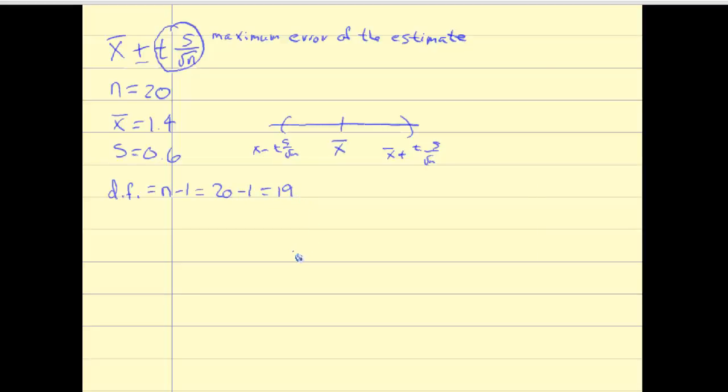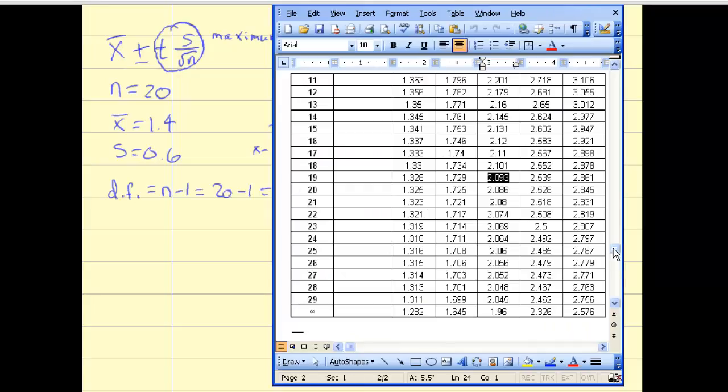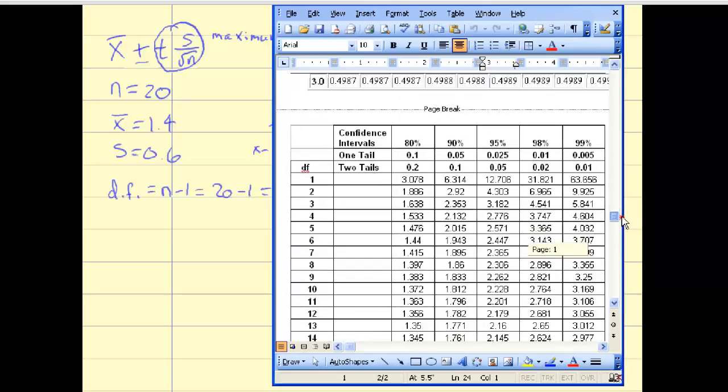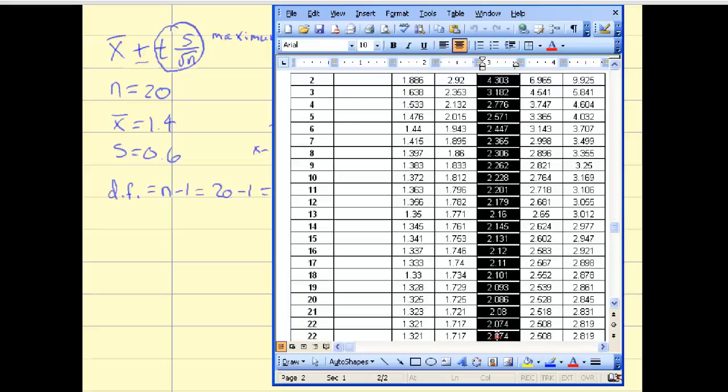We'll look this up in a table that you would find in most textbooks, very similar to this one here, where we would have confidence intervals across the top, with some percentages given in the columns: 80%, 90%, 95%, 98%, 99%. And then along the far left column, we would find the number of degrees of freedom. Well, we're doing a 95% confidence interval, so the column we would be looking in would be this one here.